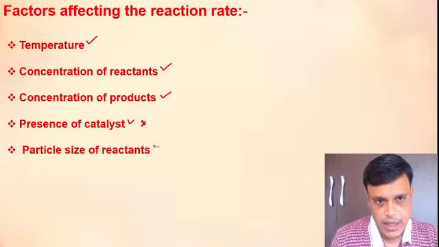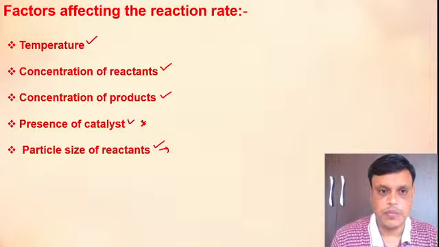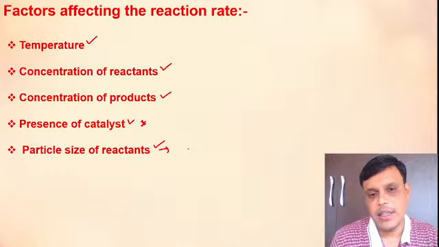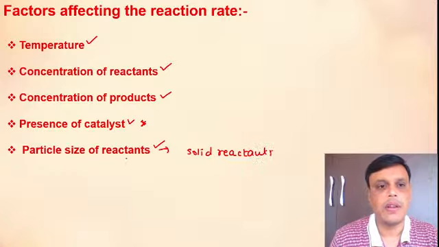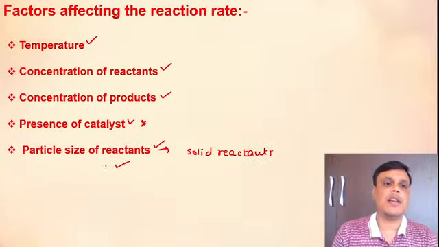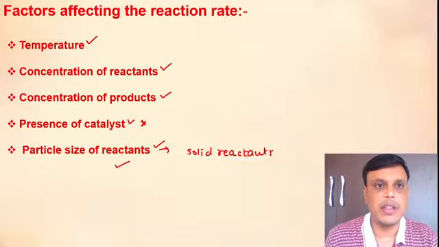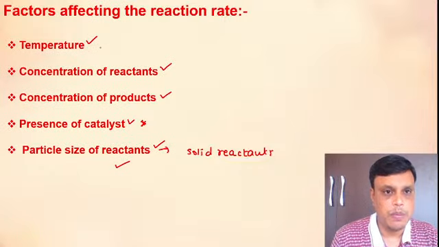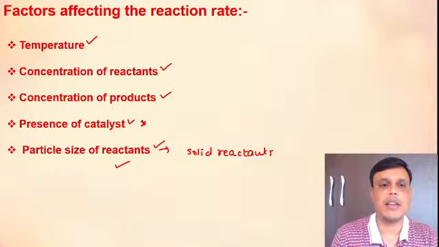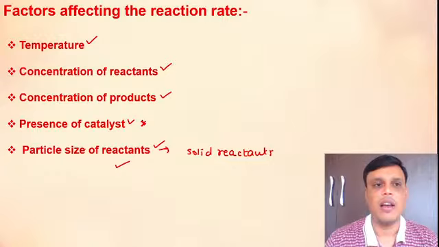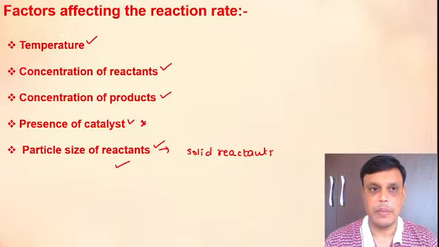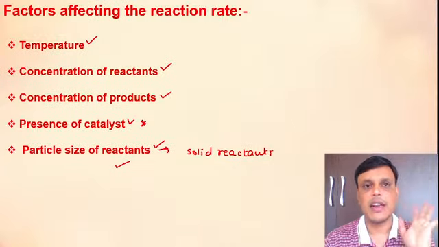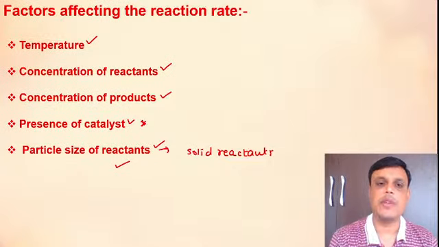Then particle size of reactant, this is important when there is a solid reactant. So the rate depends upon the temperature, concentration of reactant, concentration of product, presence of catalyst, and particle size. So these 5 factors affect the rate of reactions, and how, that we will see one by one.